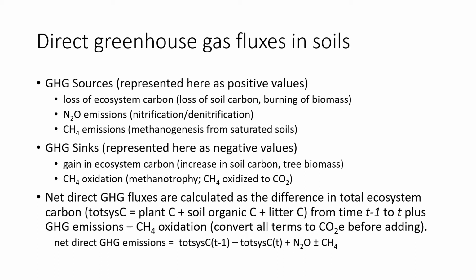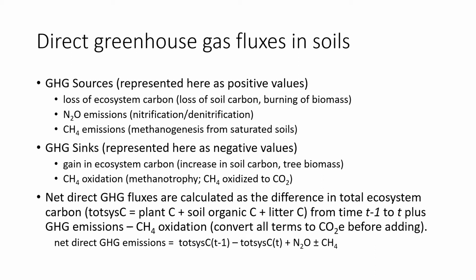So net greenhouse gases are calculated as the difference in total ecosystem carbon. And total ecosystem carbon can be plant carbon, soil carbon, plus litter carbon from a previous time to the current time. So from time t-1 to time t. And then you add all greenhouse gas emissions, such as N2O and methane emissions, and subtract the amount of methane that is oxidized.